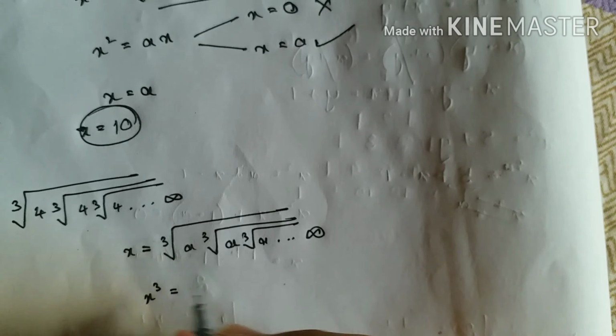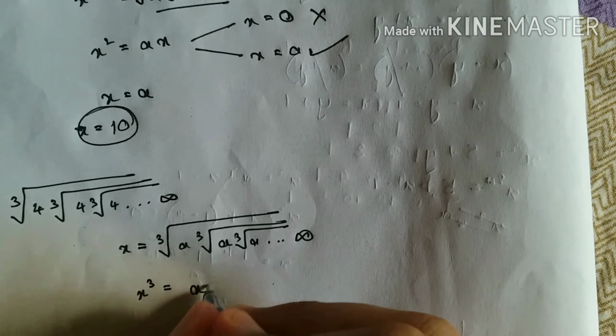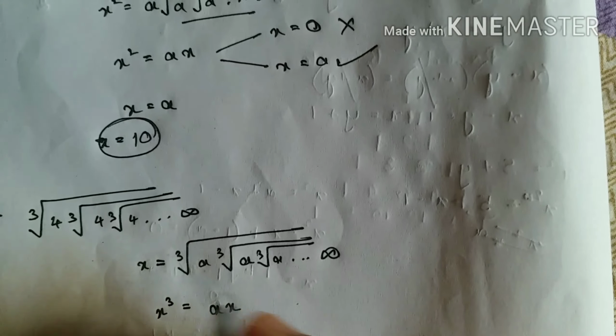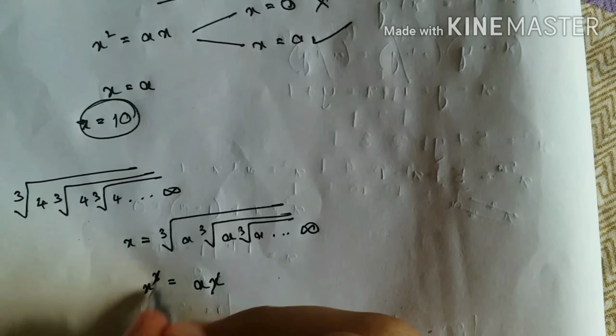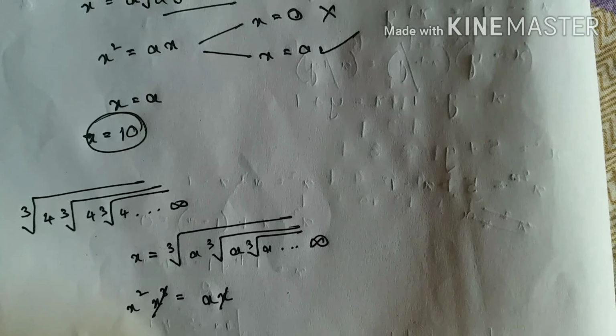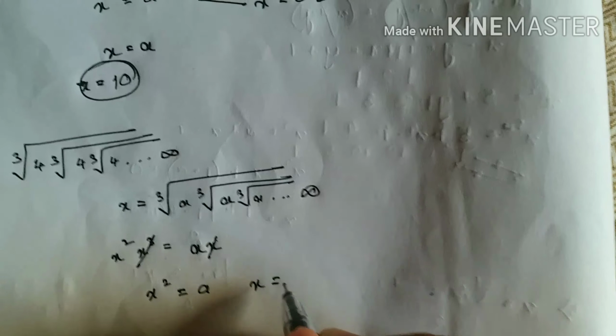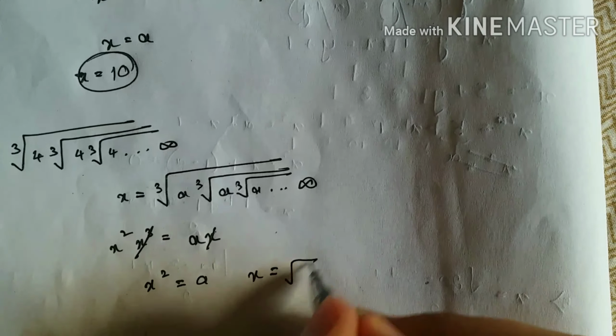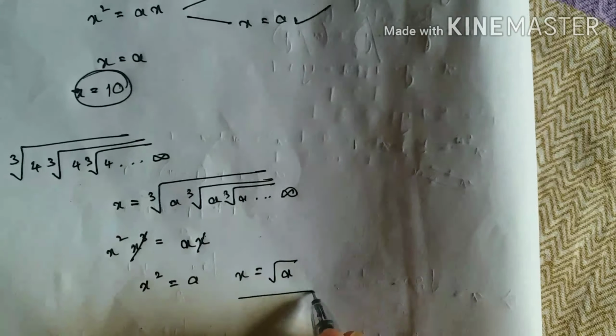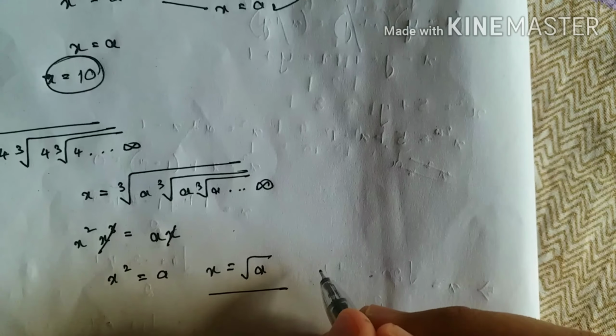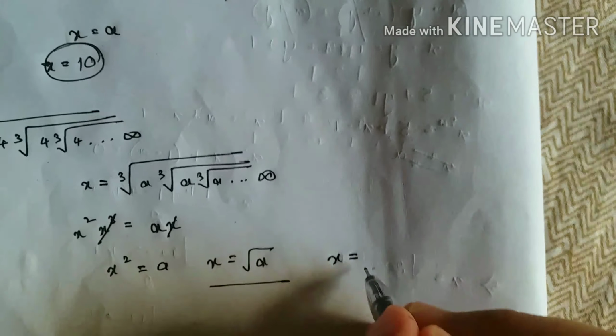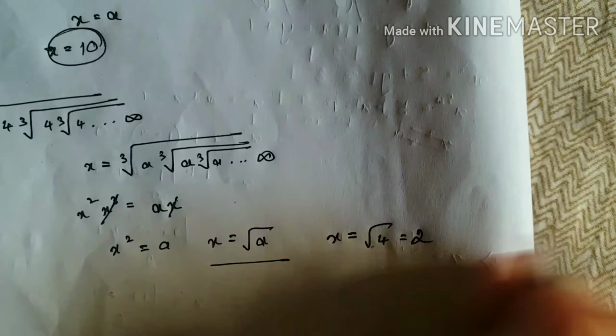X cube is equal to a, and the next part will be x only. So x can't be 0, so just cut it. X square is equal to a, and so x is equal to root a. We are rejecting the negative root, we are accepting only the positive root. So the question will have the answer x is equal to root 4 is equal to 2.